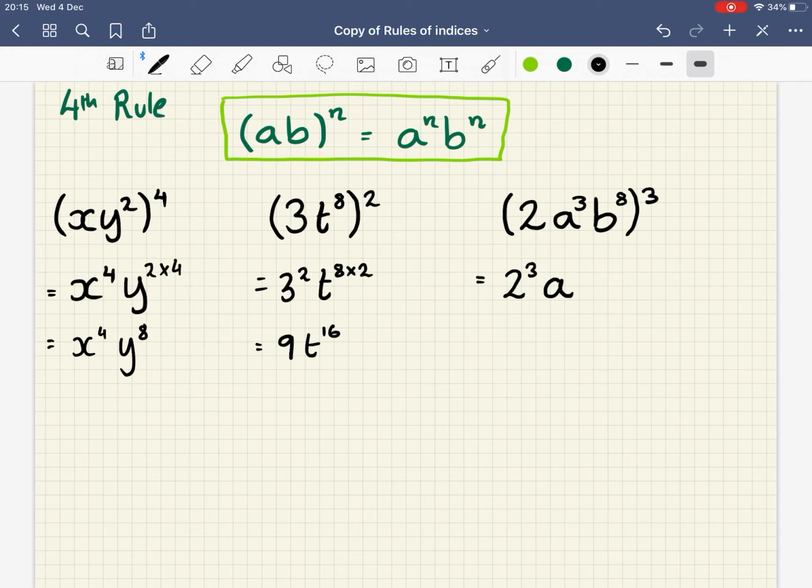Then a, well, it's already got a power, so that means I'm going to be multiplying the power it already has with that power on the outside. Same with our b, going to be multiplying the power it already has with the power on the outside. So 2 cubed, that's 2 times 2 times 2, it's going to give me 8. Then that 3 times 3 is 9. Then that 8 times 3 is 24.